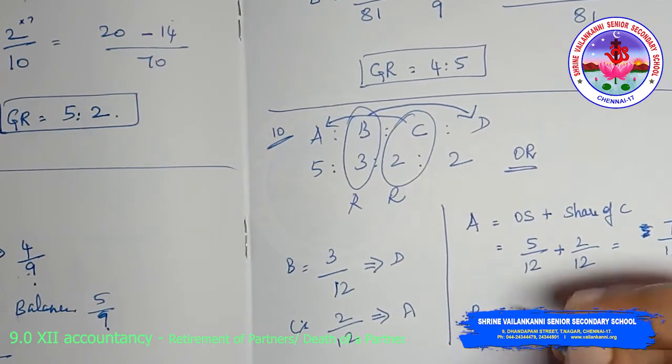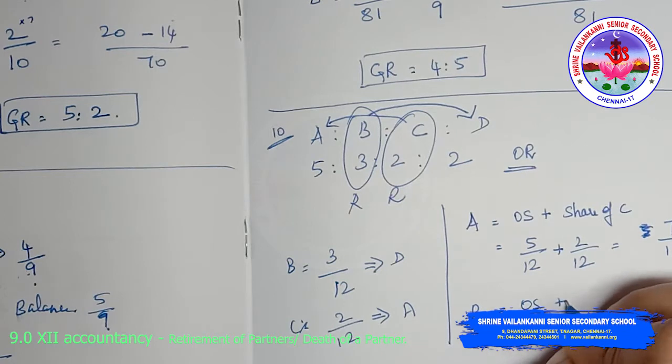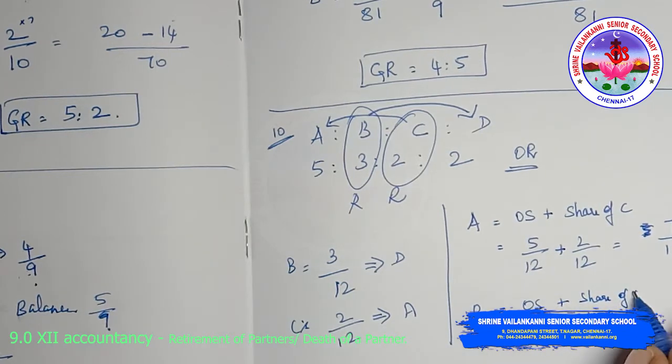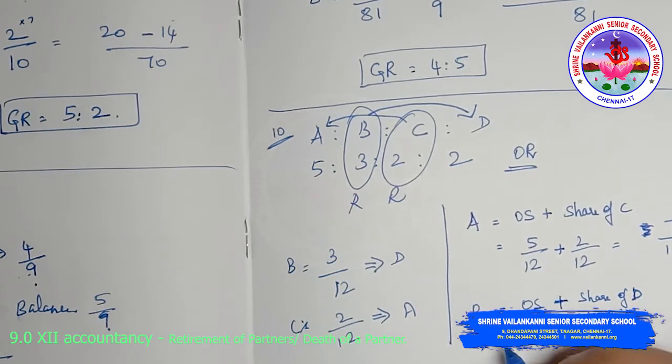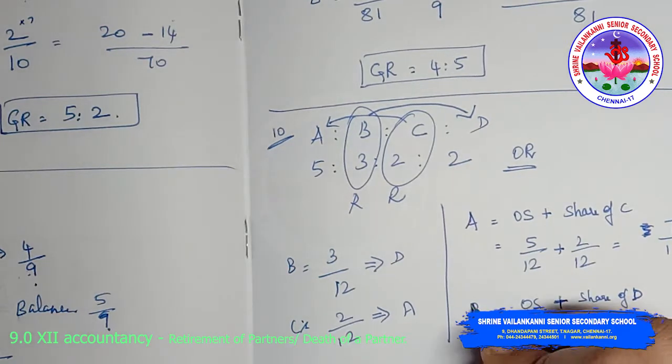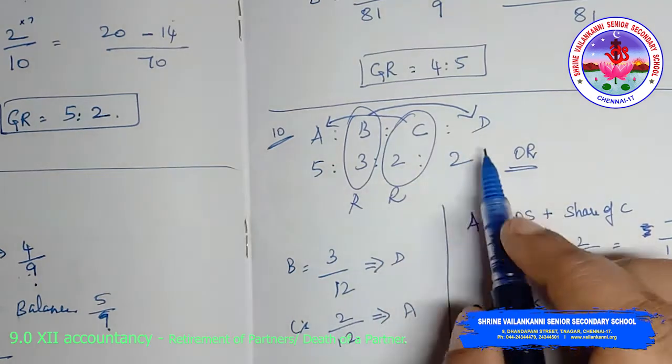For D, it is old share plus share of B. Old share will be of D, not B, sorry. D, because D is the only one retaining.